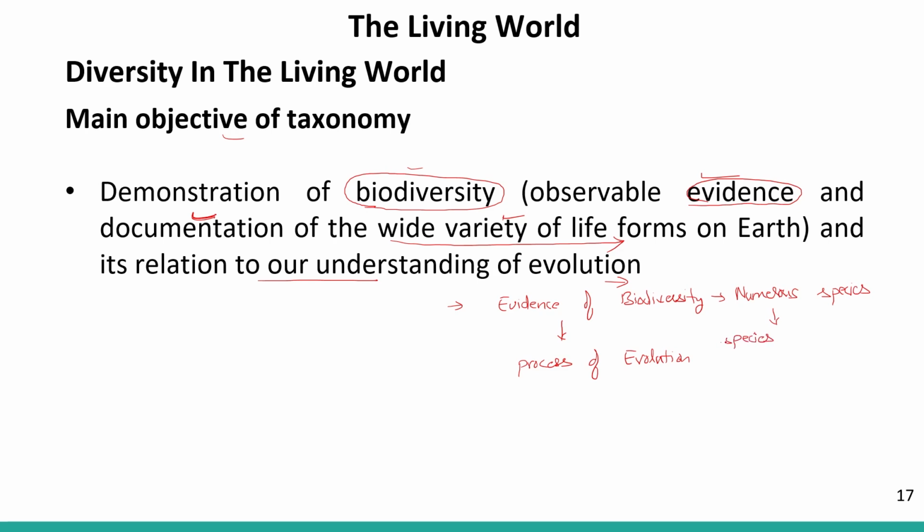Or you can say the organisms of a species are not fixed but are continuously evolving. And how are they evolving? By the accumulation of variation. So there is a lot of biodiversity, which means evolution is going on due to accumulation of variation. This is how biodiversity helps us to understand the process of evolution.